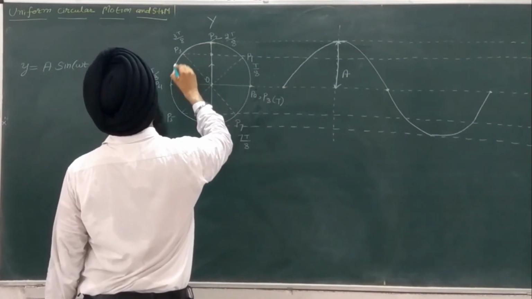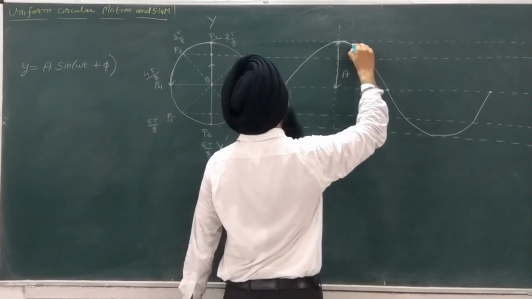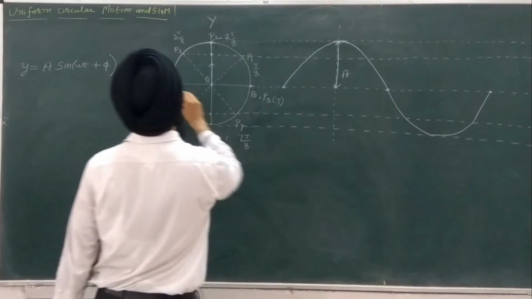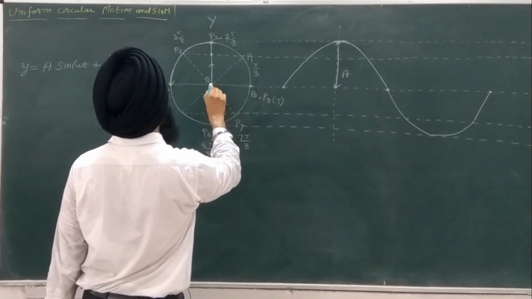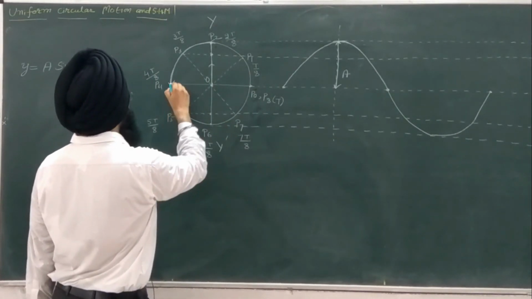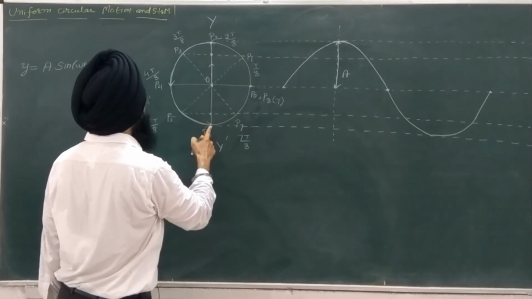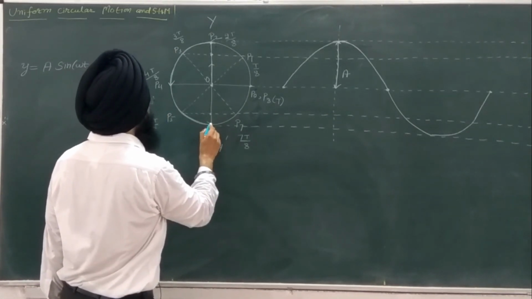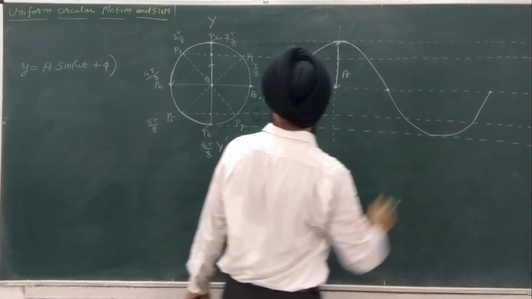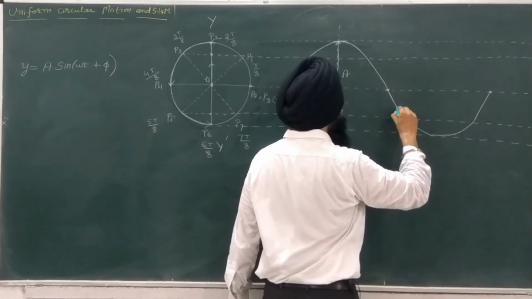The motion of the particle from this point to this point is represented here. At this point, the projection is again 0. Now the particle again moves from this position to this position. When the particle is here, the projection is again maximum. This motion is represented by the displacement here.